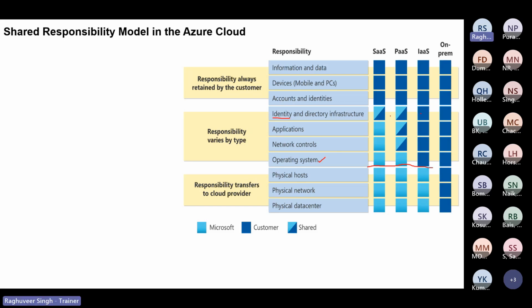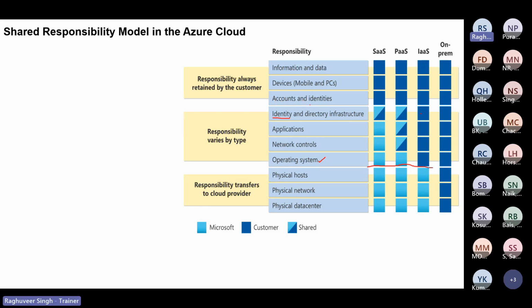However, in PaaS, identity and directory infrastructure is a shared responsibility because the infrastructure is managed by Microsoft in app services, in PaaS services, and they are also responsible for the authentication and authorization of those services. So it's a shared responsibility, basically, identity and directory infrastructure. In SaaS, it is the same case. It is a shared responsibility.